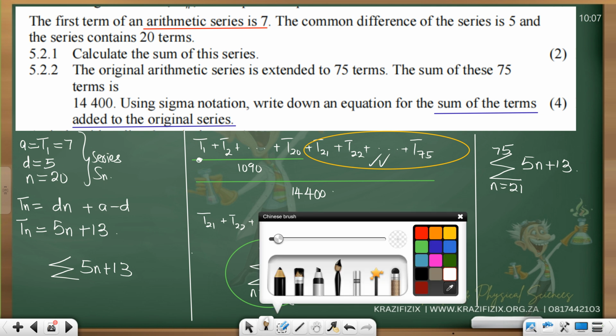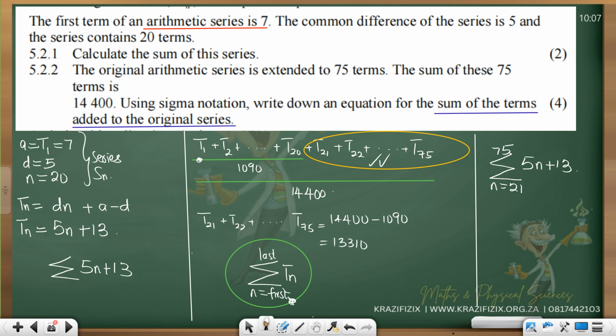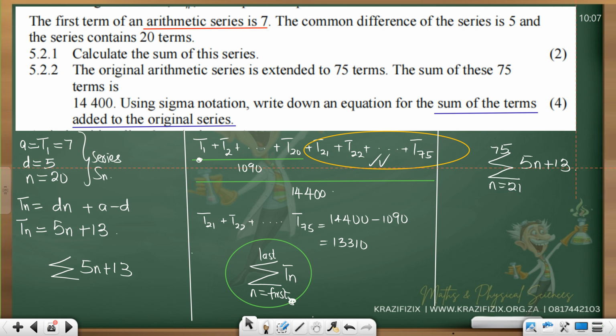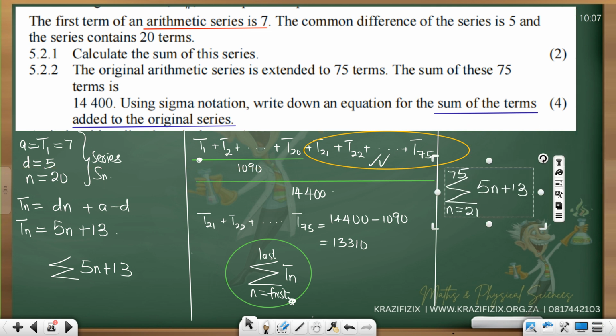We should write, because we know the value, we know that this is equal to, let me just move this backward. We know what this is equal to. Now, this is one way of writing the answer. Let me know if it makes sense, especially the 21 to 75.